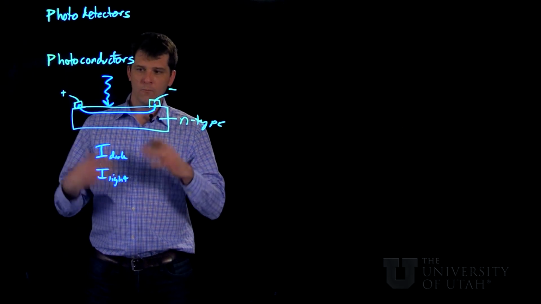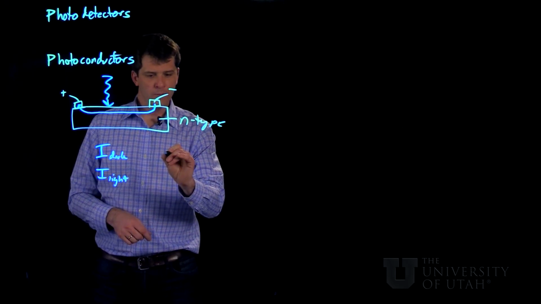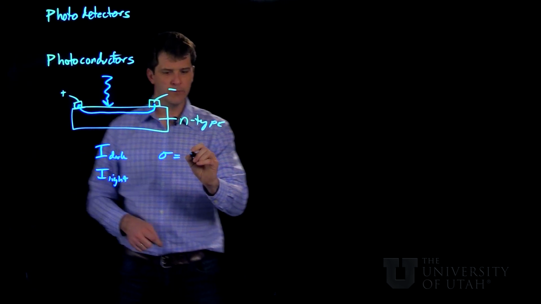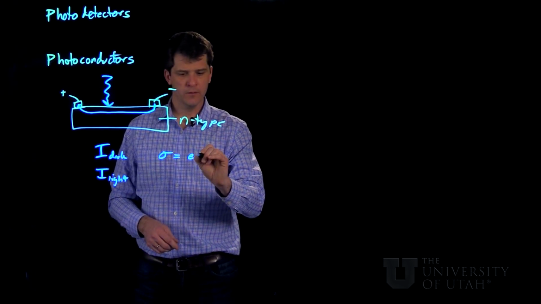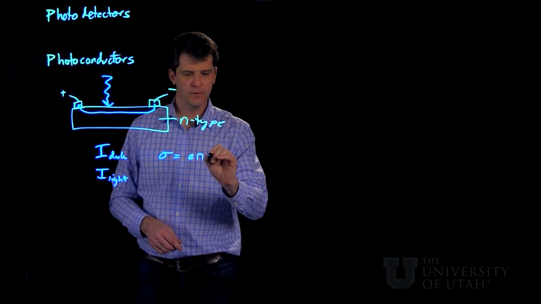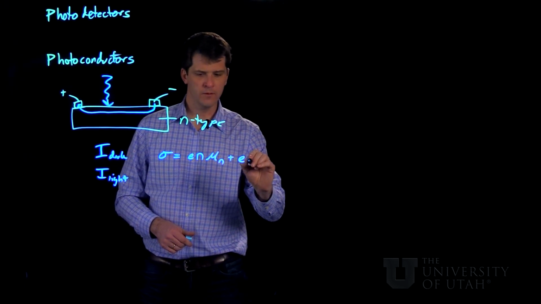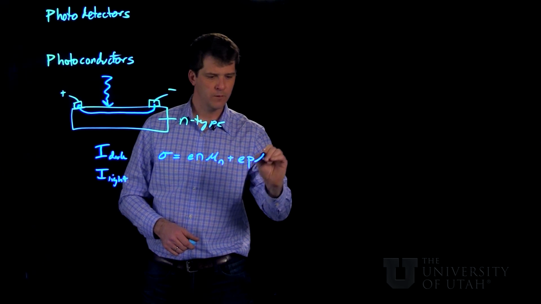So why does this happen? Well, we have to look at the expression for conductivity, which is going to be given by e times n times mu sub n plus e times p times mu p.